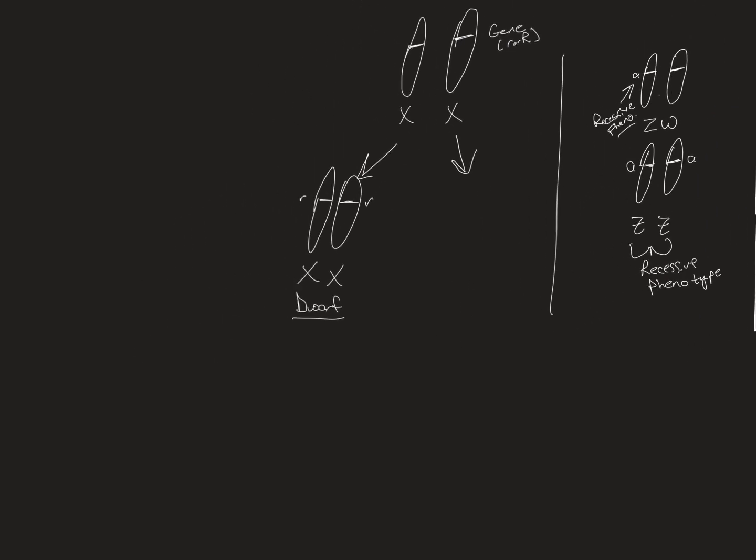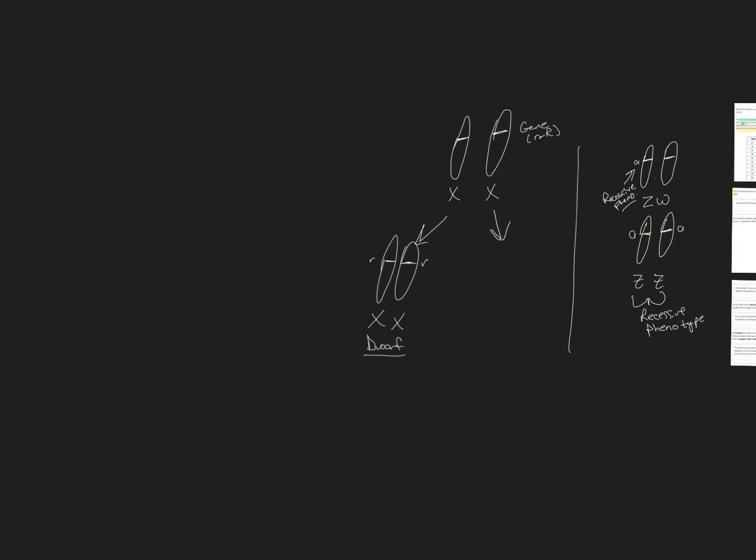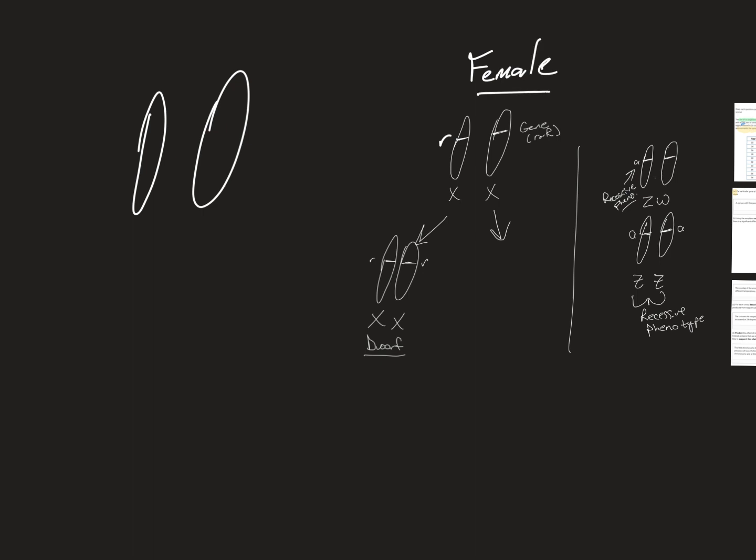Now remember, the second gene comes from the other parent, right? So if this parent gives a little r to this child, then this parent must have given, this is the female, this is the humans now, and this is the male. Then a male has an X and a Y. The Y doesn't have the R gene, that's a different chromosome.